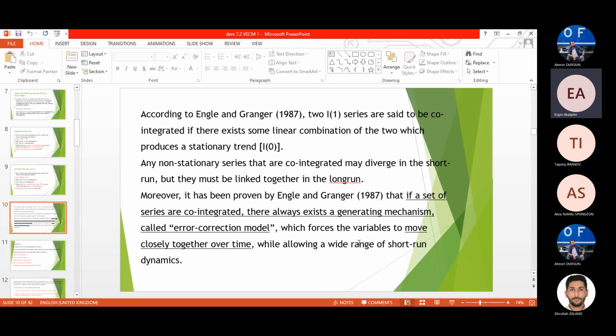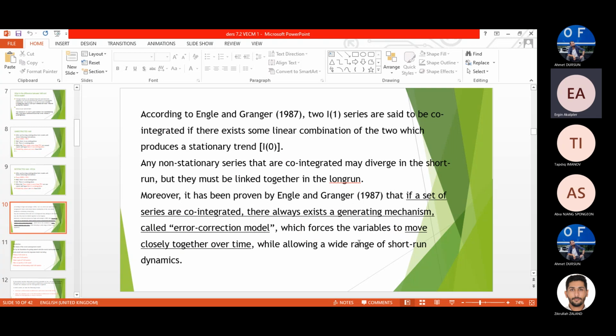Moreover, it has been proven by Engle and Granger in 1987 that if a set of series are co-integrated, there always exists a generating mechanism called error correction model, which forces the variables to move closely together over time, while allowing a wide range of short-run dynamics.